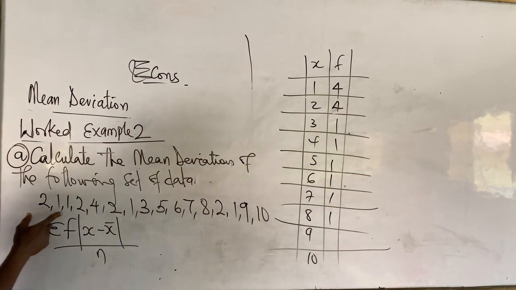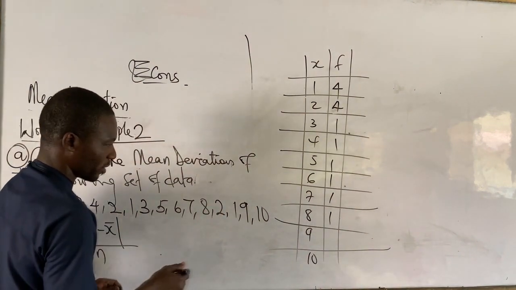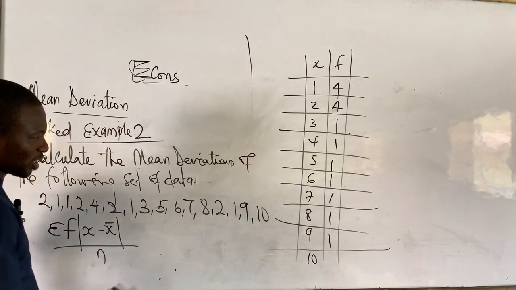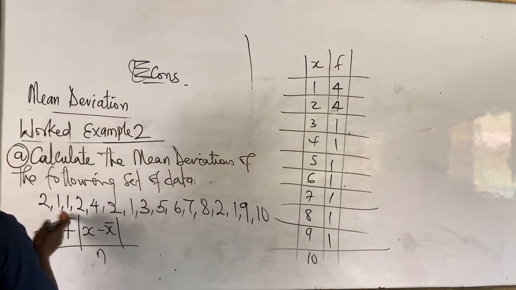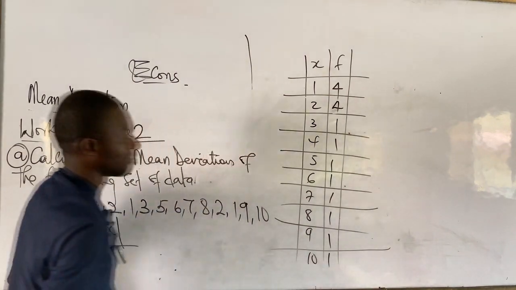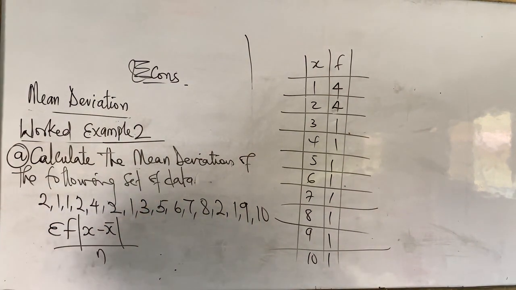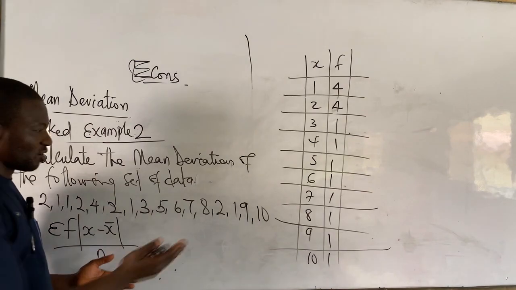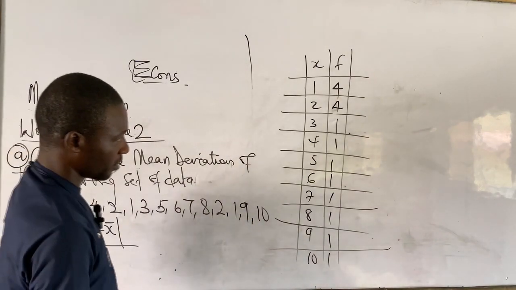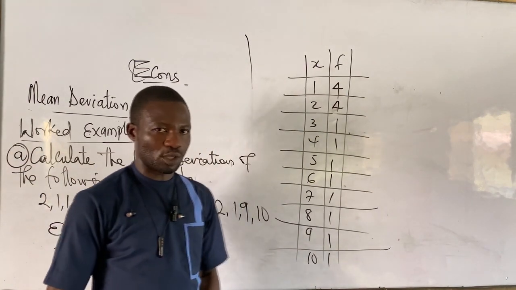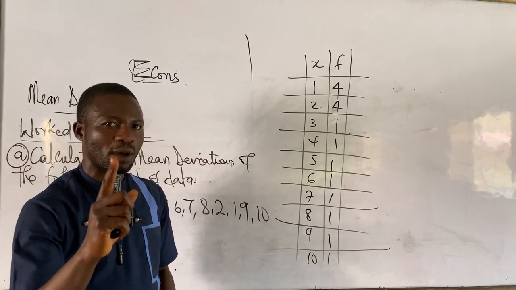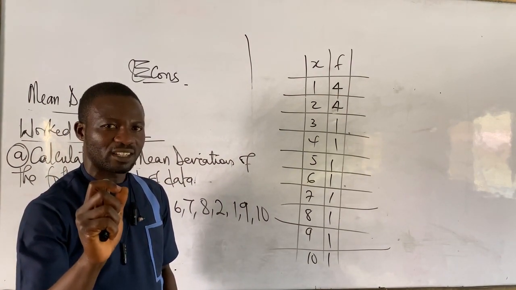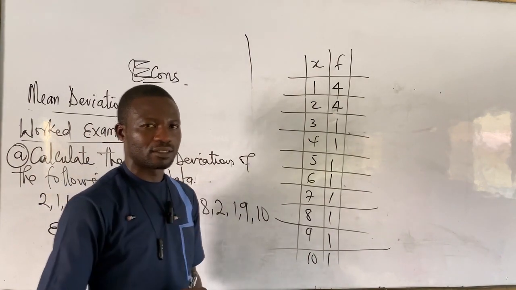The last 2 data, we have 9, that's 1. And the last one, we just have 1. So it is simple. We have seen the number of times these data appear, and we put them under frequency, because frequency is the number of times an item, grade, score, or number appears.